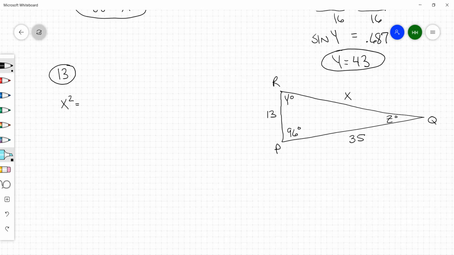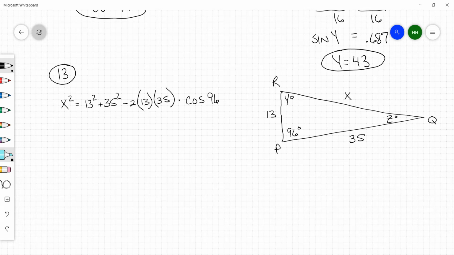All right, so our X squared is equal to 13 squared plus 35 squared minus 2 times 13 times 35 times... not times 2, times what? Cosine of what? 96, very good.